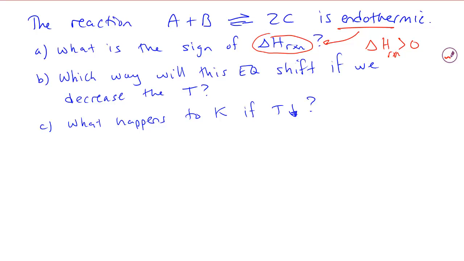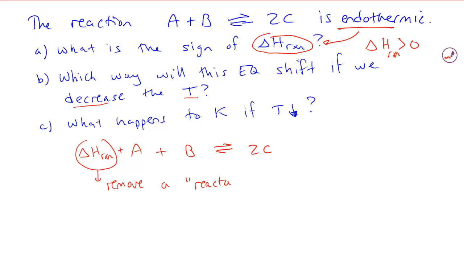So how do we handle B? Well, I would rewrite the reaction: A plus B goes to 2C. And since energy has to be put in, it's endothermic, I would treat that as a reactant, because it's completely opposite of the exothermic reaction we saw earlier. This time the energy must be put in. Now we're going to decrease the temperature. That means we're essentially going to try to remove a quote-unquote reactant.